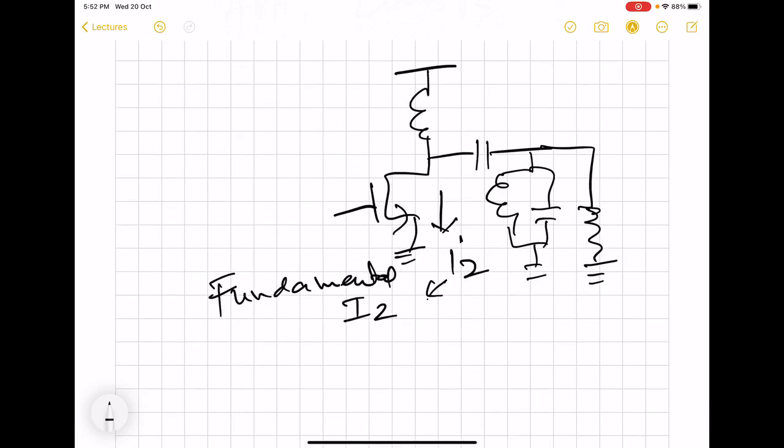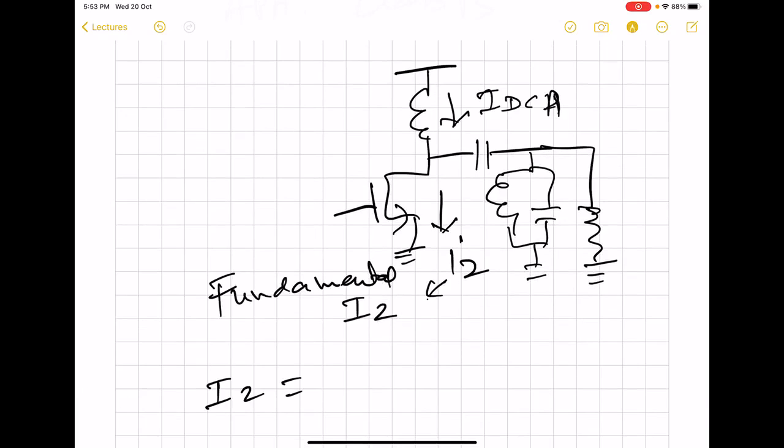And using this, we will try to find what is the DC current drawn by auxiliary power amplifier. So here, what is I2 that we found?